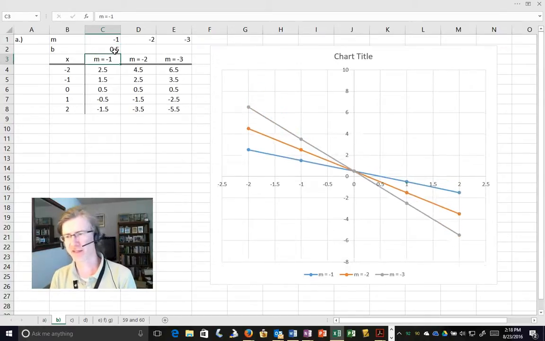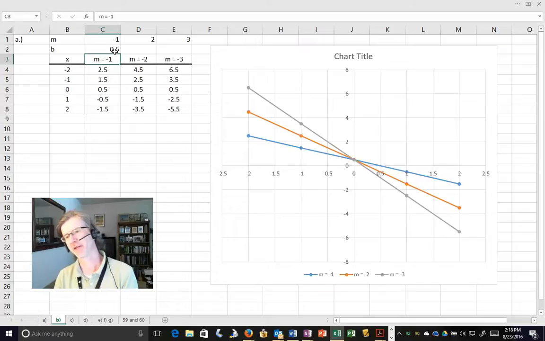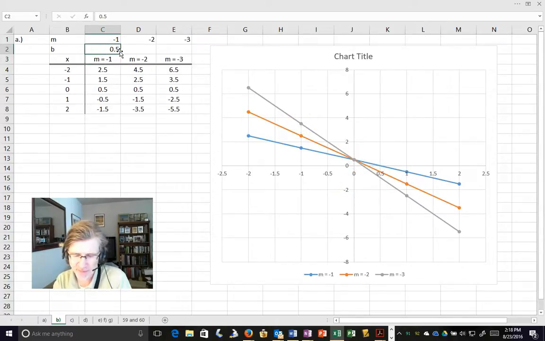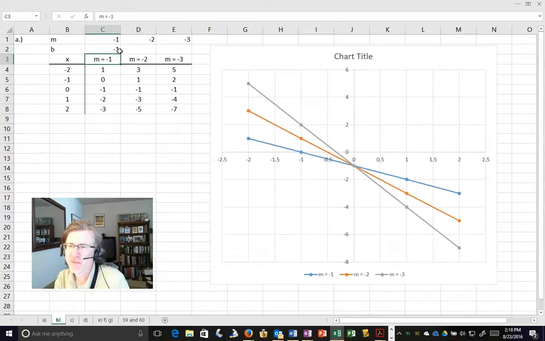Those are all positive y-intercepts, and those are all lines with negative slope that go through that point on the y-axis. That is your y-intercept, and it's a positive y-intercept. These are all going to be negative y-intercepts. A negative y-intercept would look like this. They would be going through below the point 0, 0 on the y-axis.